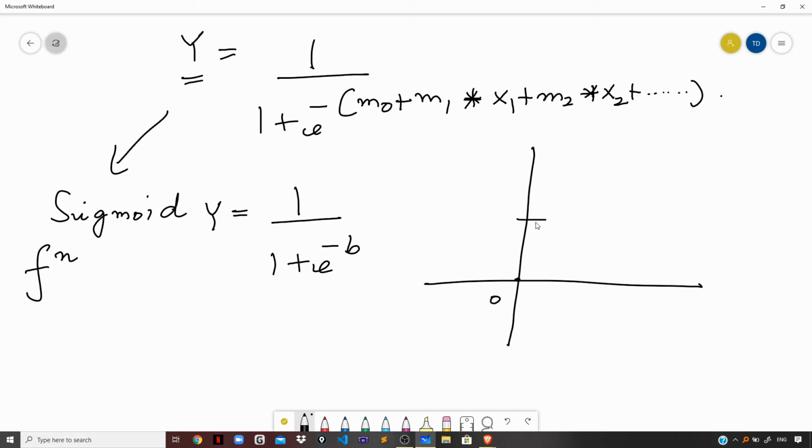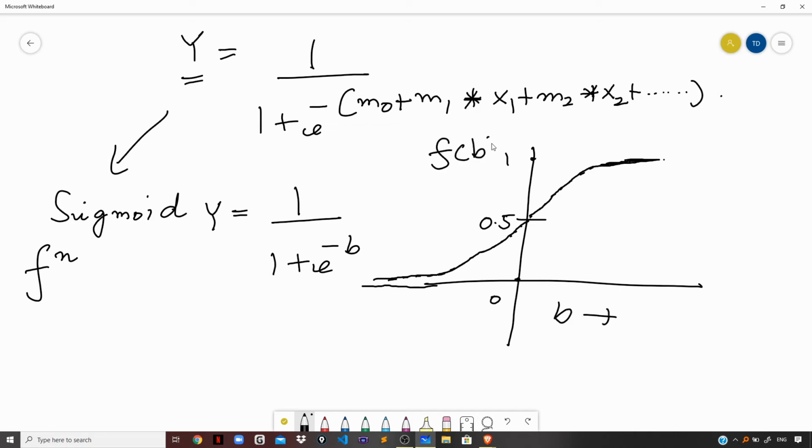So this has 0, 0.5 and 1. What you can see from this graph is that we are having bounds of 0 to 1, and the curve looks something like this. So what you can see from this graph is that when your b value, so here we will have b along the x-axis and f of b along the y-axis.